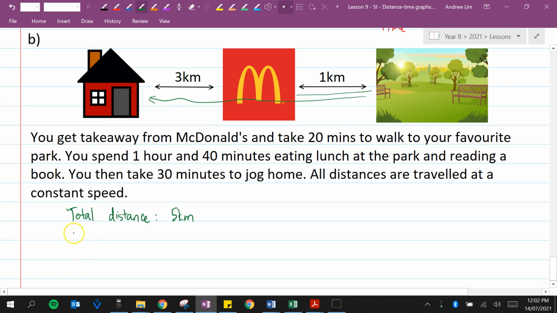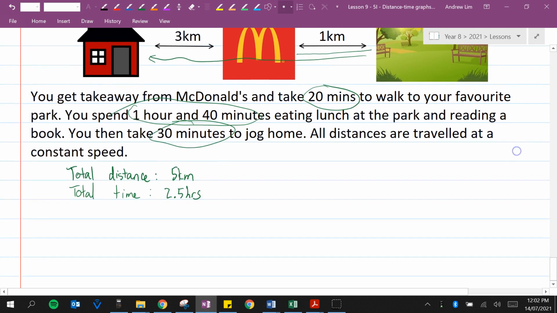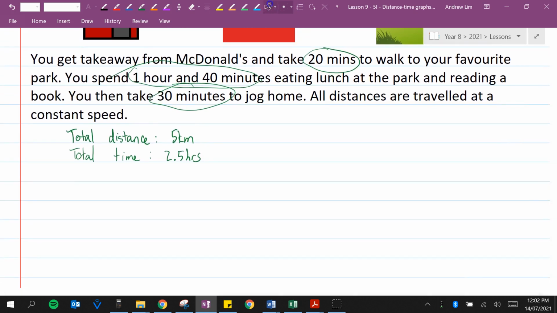We also have our total time. So we have 20 minutes, 1 hour, 40 minutes. That altogether, that's 2 hours plus 30. That's 2.5 hours. Okay. So now that we've done that, let's construct our distance time graph.